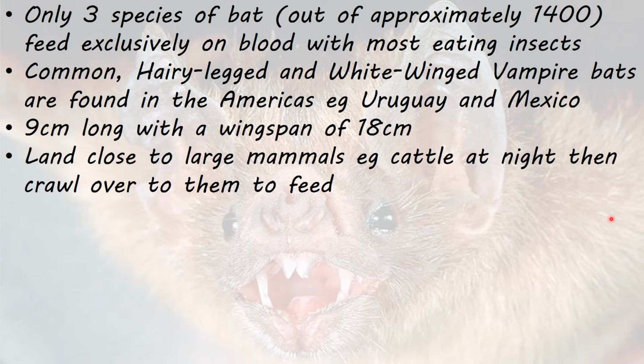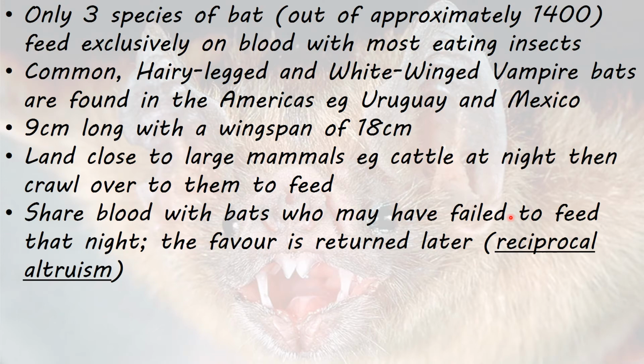And the way it works is they'll go out at night, and they'll land close to large animals, and then they can actually crawl a wee bit. You wouldn't like to be sleeping and see one of these crawling towards you, would you? So they crawl over to feed, and then this is what we talked about before. They'll share blood with bats who may have failed to feed that night.